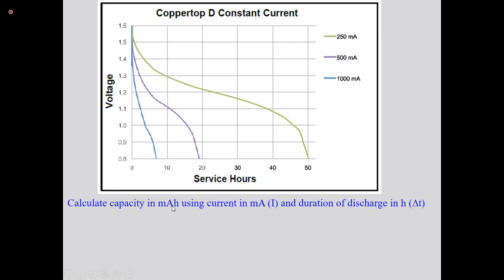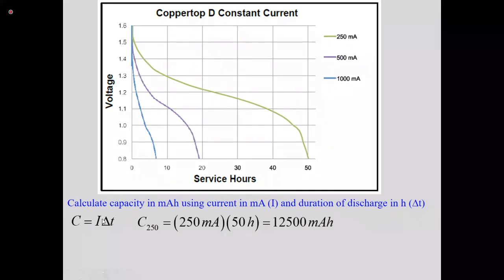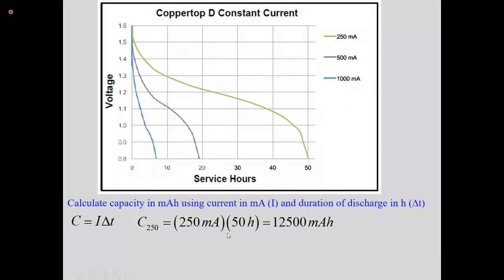The capacity of a battery is measured in current times time. So it'd be the milliamps as the current times the time in service hours. The equation is the capacity is equal to the current times delta T. So the capacity at 250 milliamps of discharge rate is the current, 250 milliamps, times 50 hours, and we get the 50 hours from the last part of the graph, where it ends up at the bottom, 0.8 volts, at 50 hours.